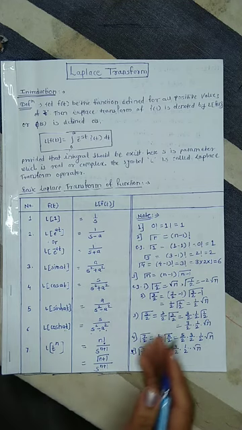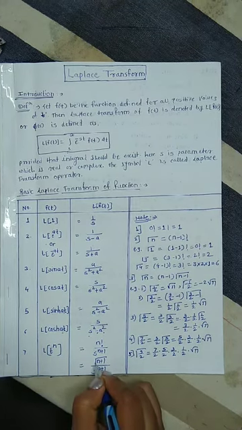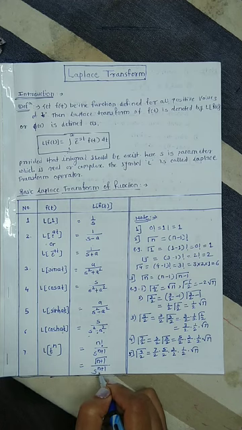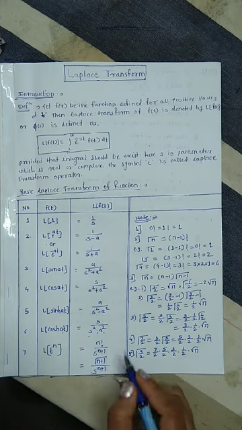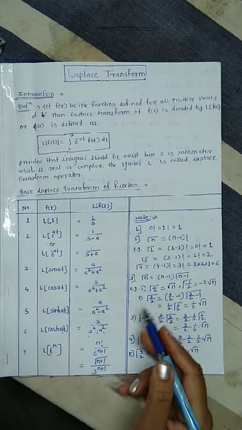What is the gamma? We are going to see in the example. It seems like a root. Gamma of n plus 1 upon s raised to n plus 1.